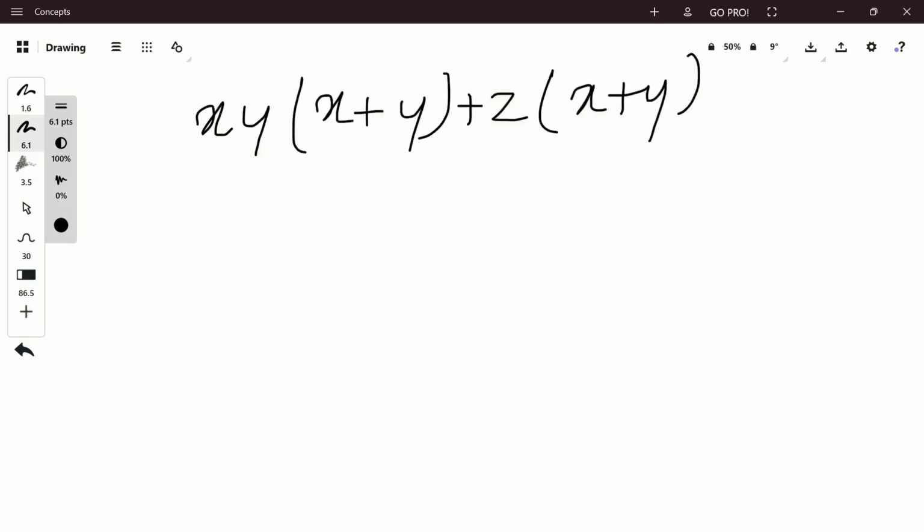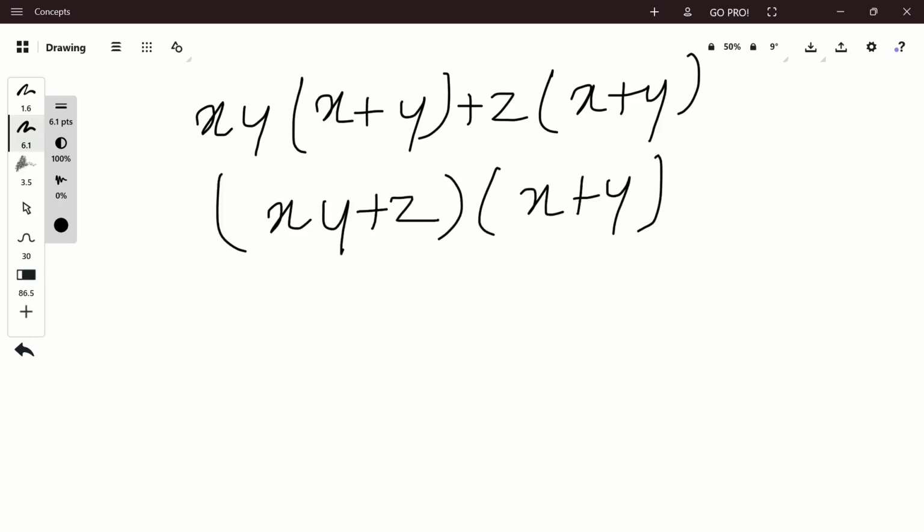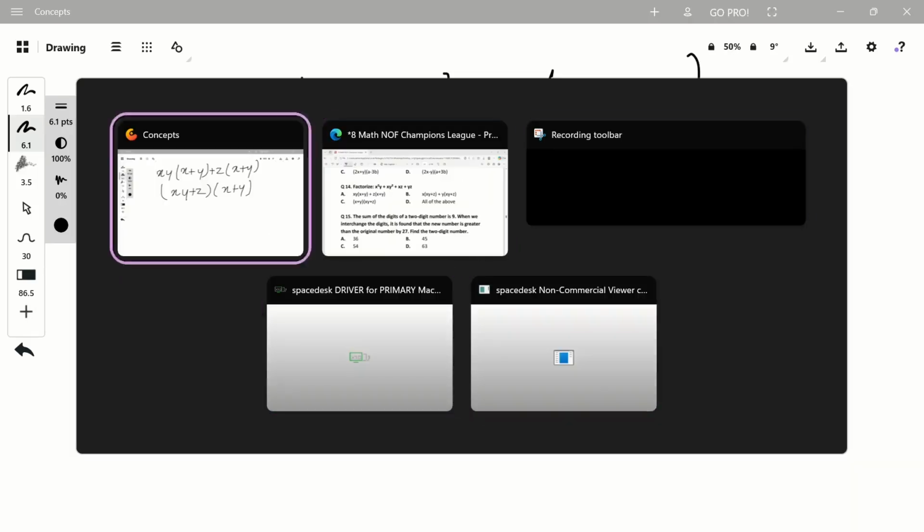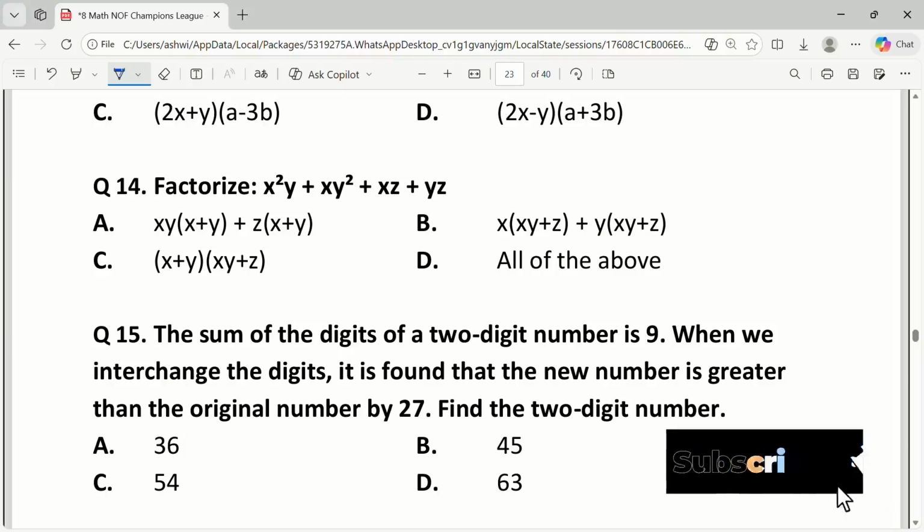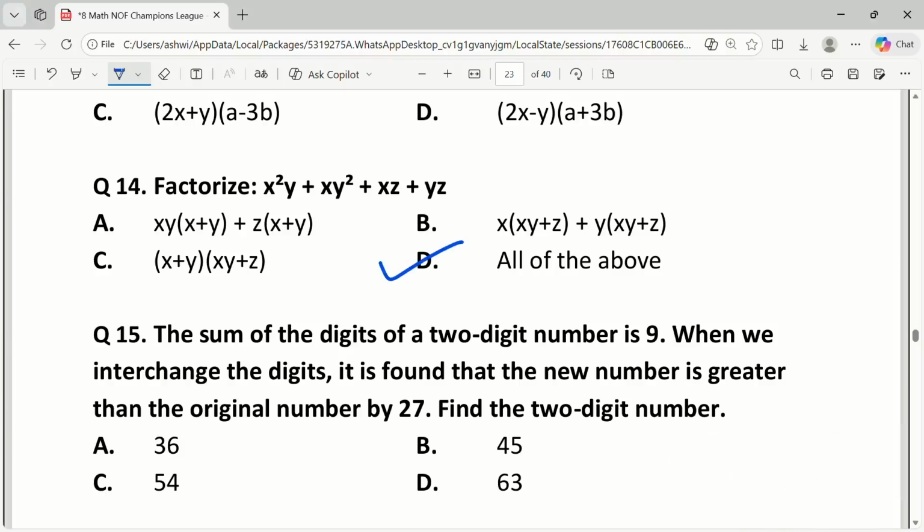Factor out the common binomial factor x plus y. We have xy plus z, x plus y. Comparing with the options, the answer is D, all of the above. Option A, B, and C are all valid intermediate or final steps in the factorization.